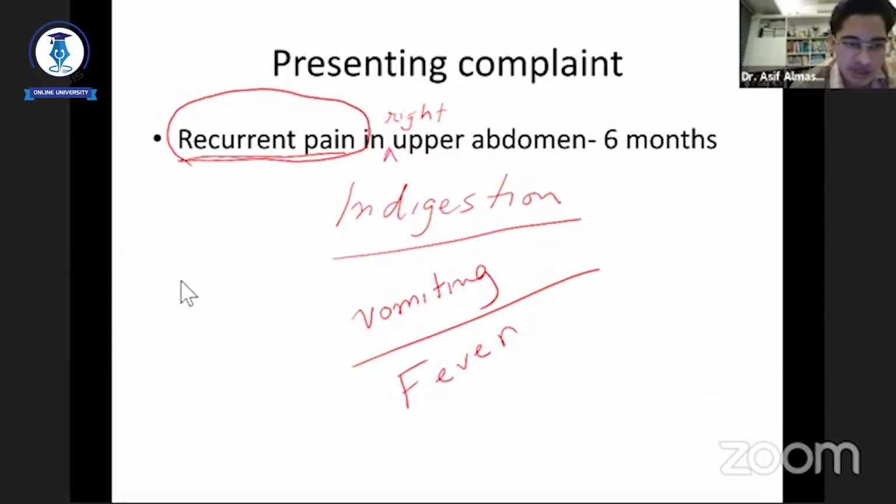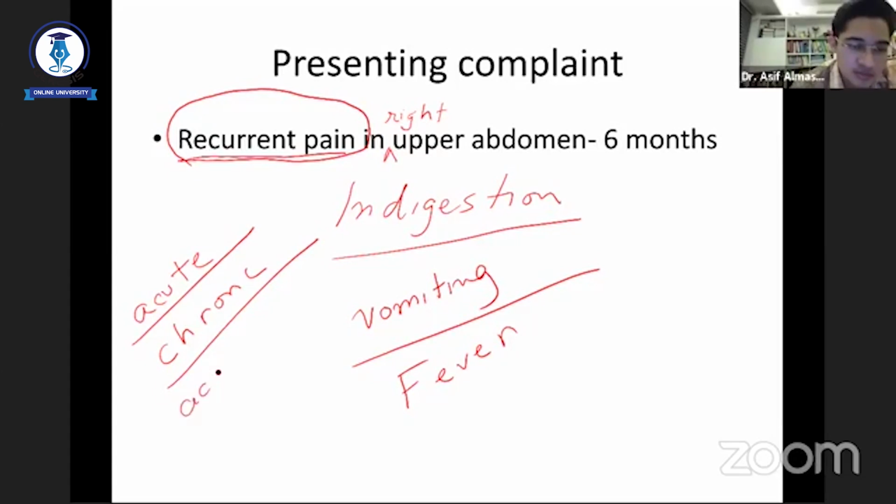Now what happens is you should remember what the different presentations may be. Patient may come to you with acute cholecystitis, right? Patient may come to you with chronic cholecystitis, or may even be acute and chronic, right? Or maybe just biliary colic.